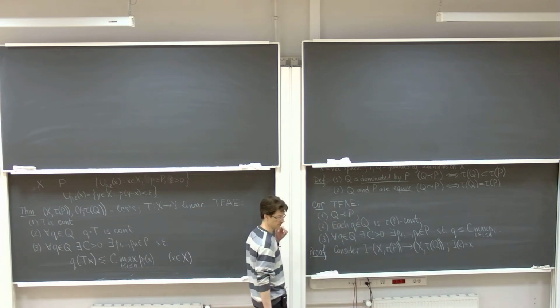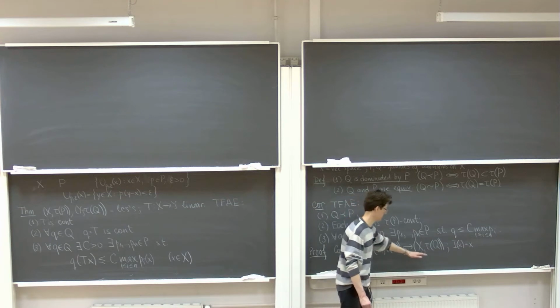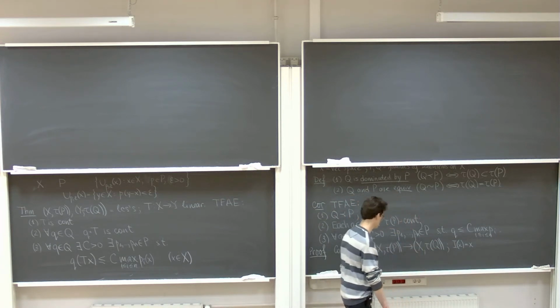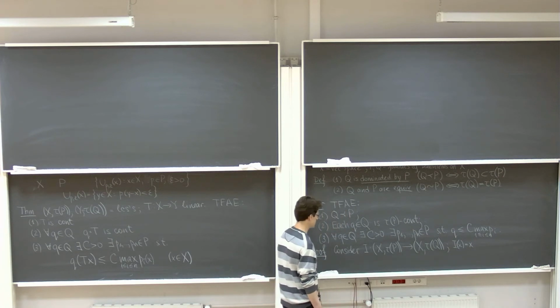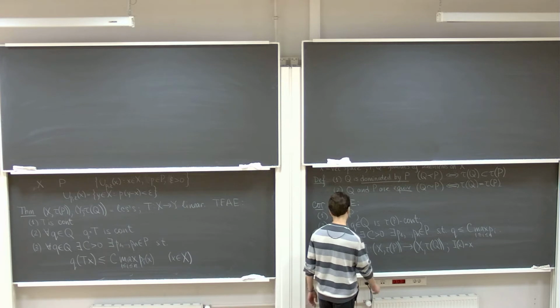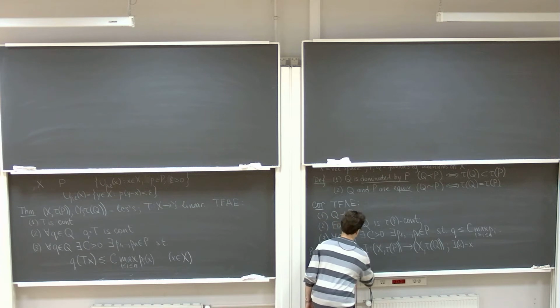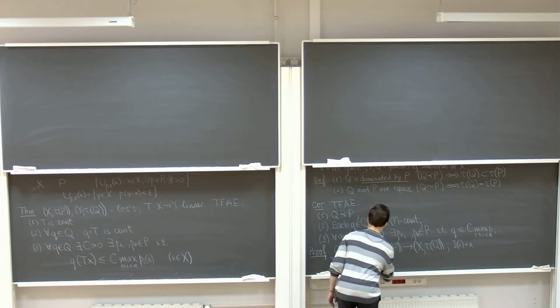But only set-theoretically. I don't call it the identity map because we have two different topological vector spaces. So the topologies are different. So let's now observe that condition 1 means exactly that I is continuous.